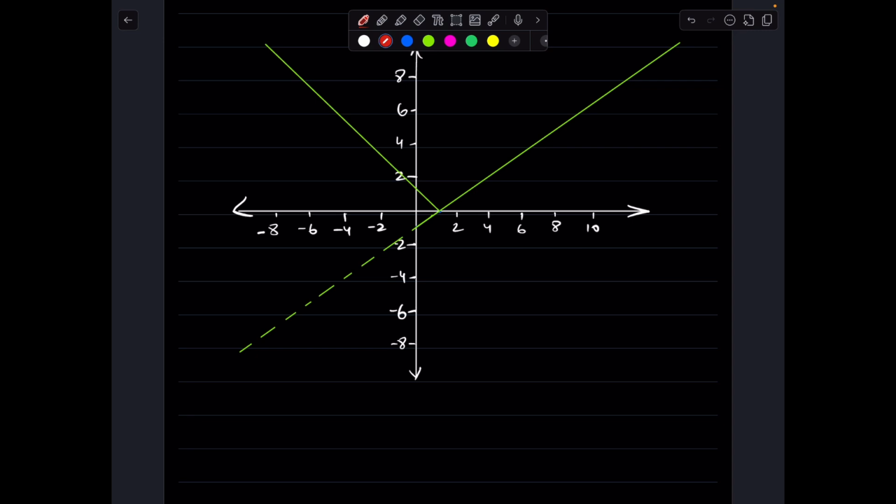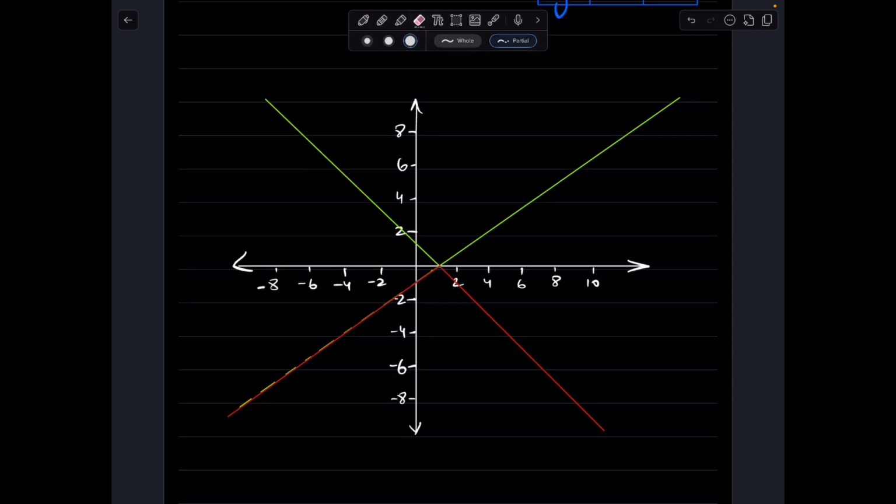It's reflected about the x-axis. And when something is reflected about the x-axis, every single point is reflected about the x-axis.